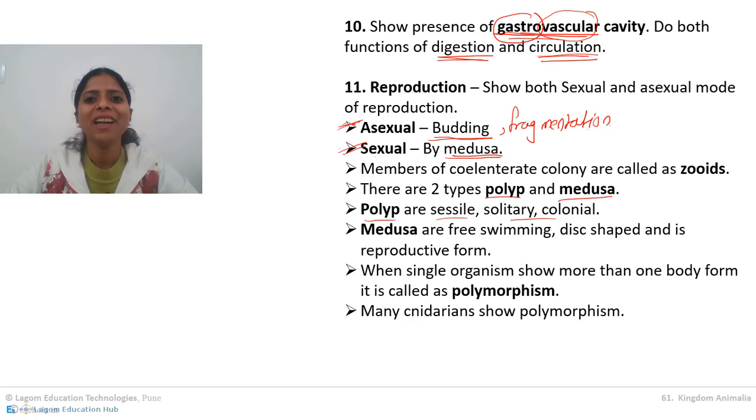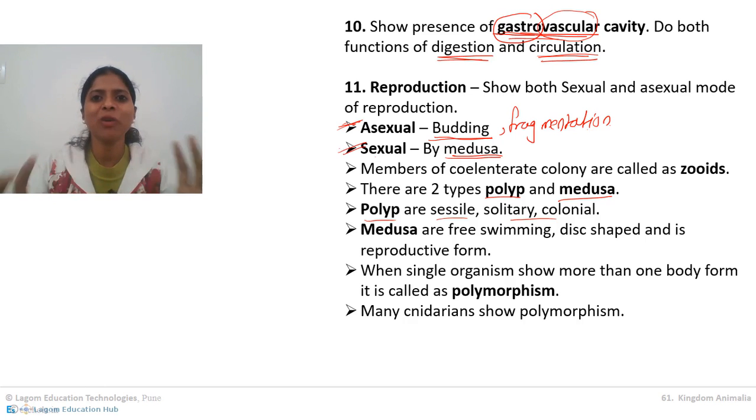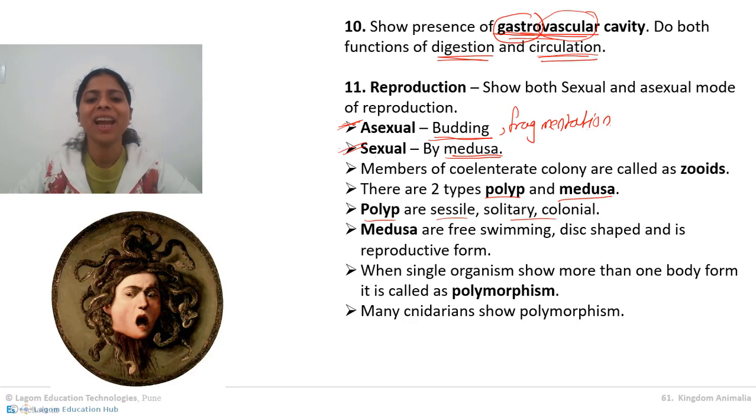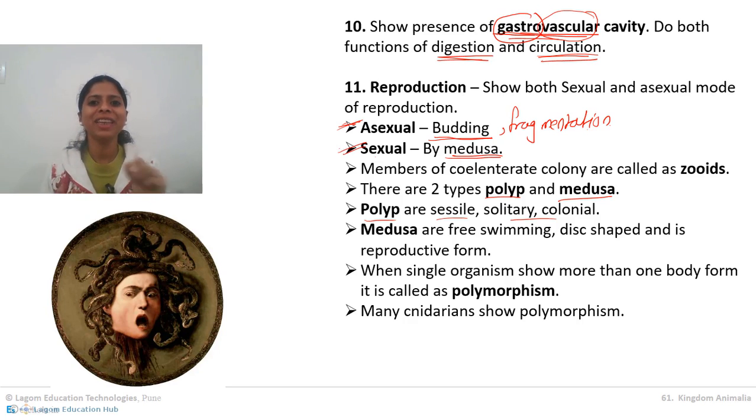When he saw the medusa form, he realized that it has long tentacles. In Greek mythology there is a monster called Medusa, and that monster has long tentacles. So he thought this form also looks like that monster. That's why he named it Medusa.